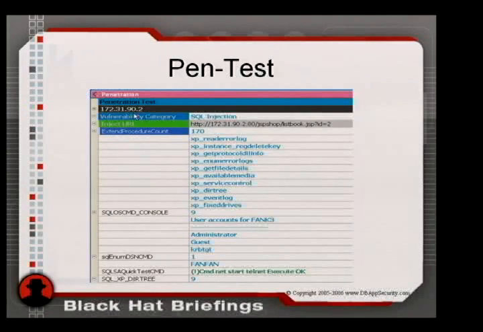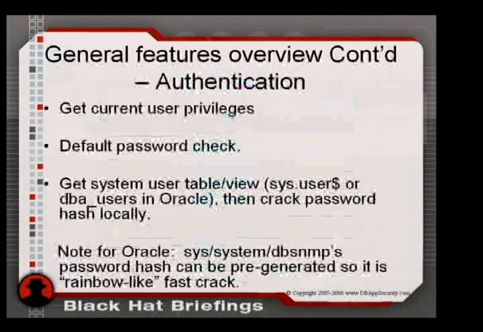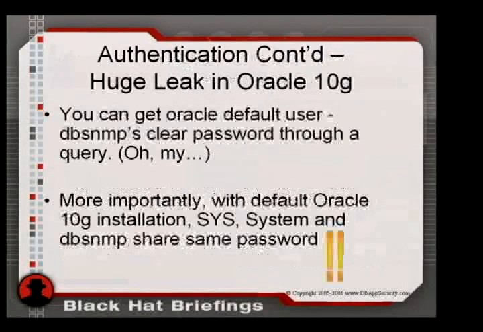It can get all the IFO procedures, extended procedures on the fly, and even look at the DSN you can configure in local, and you can dir a local directory, or you can type c/boot.ini file. So here's some of the things overview: authentication, passwords, privileges, and all the password hashes can be pre-generated.